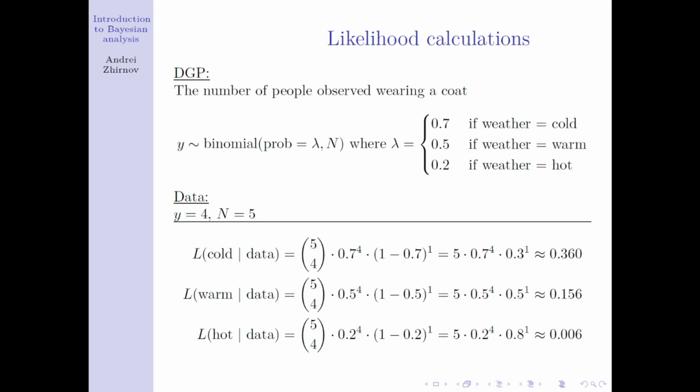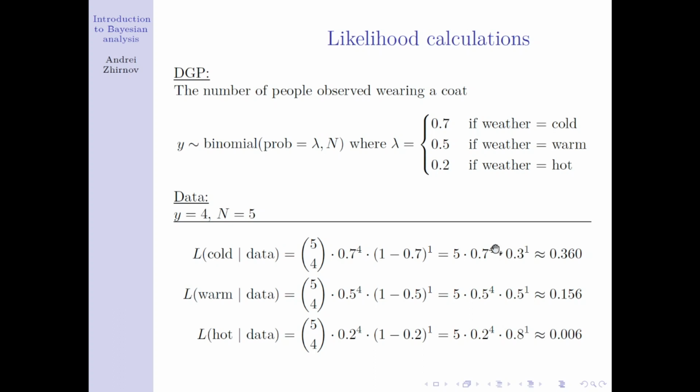Given this model of data generation, we can now construct the likelihood functions. The likelihood function is going to produce 3 numbers. 1 number for the case when the main argument, the weather, is equal to cold. 1 value for the case when the weather argument is equal to warm, and 1 number for the case when the weather is hot.